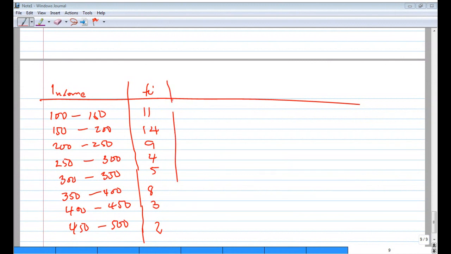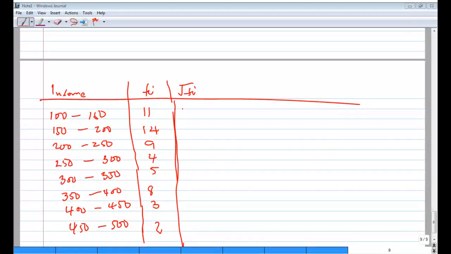Then you find the square root of that. In other words, when you take the square root of 11, you're supposed to get what? 3.32. This is how they've done it. So the square root of 11 must give you 3.3166 and so on. It's 3.32. So this is how they managed to find it. It's the square root of fi.